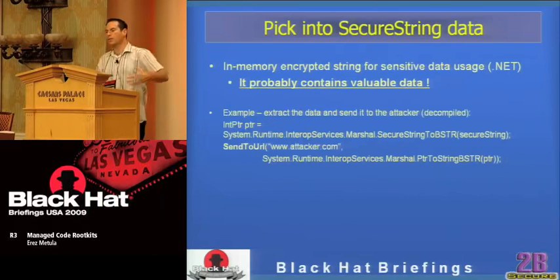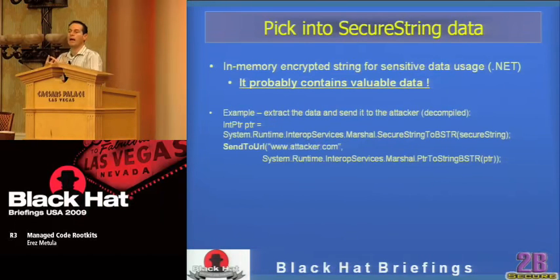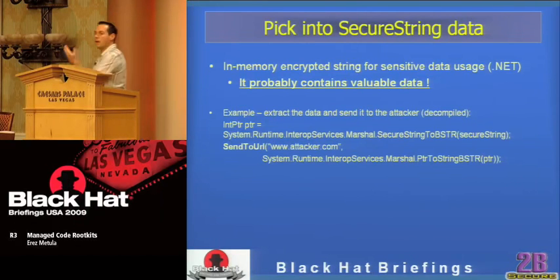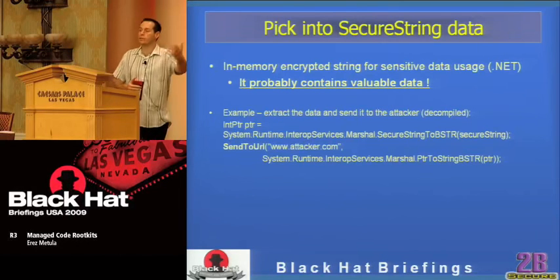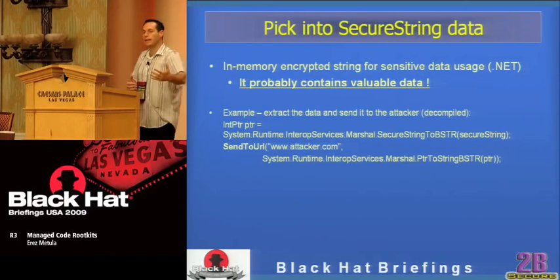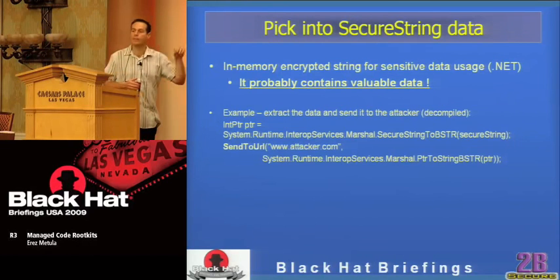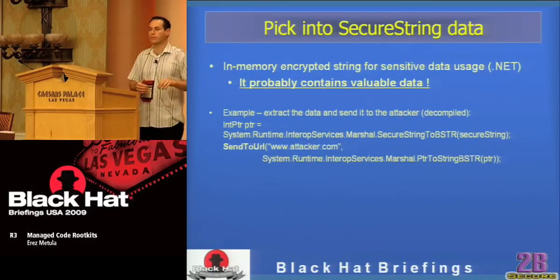Peeking into secure strings. Secure strings are special strings that contain encrypted data. The logic behind secure string is that if you have some sensitive data, some sensitive string that you want to keep encrypted in memory, you use secure string. The reason why I'm peeking into a secure string is that it will probably contain valuable information, right?